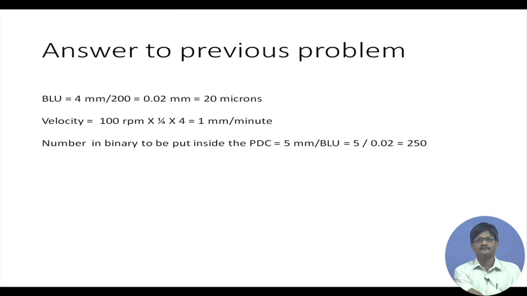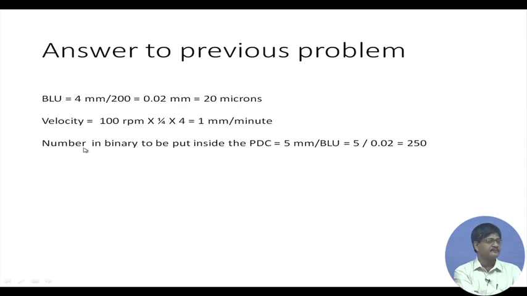Let me see, the velocity is 100 RPM. So, with every rotation 100 RPM is converted to 25 RPM for the lead screw, and 25 RPM multiplied by 4 will give us 100 millimeters per minute. So, if we have 100 millimeters per minute, please note it down and I will correct it in the final lecture.